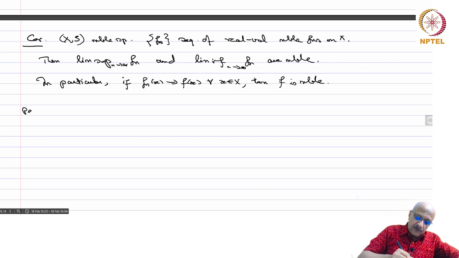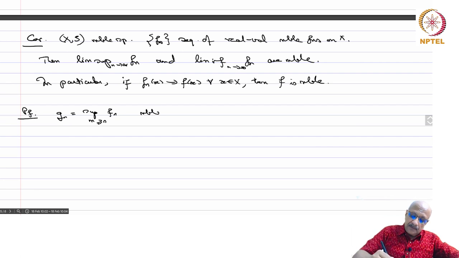So proof. You take Gn equals sup over m bigger than or equal to n of fm, this is measurable, and then lim sup of fn as n tends to infinity is nothing but inf over n of Gn, so measurable.